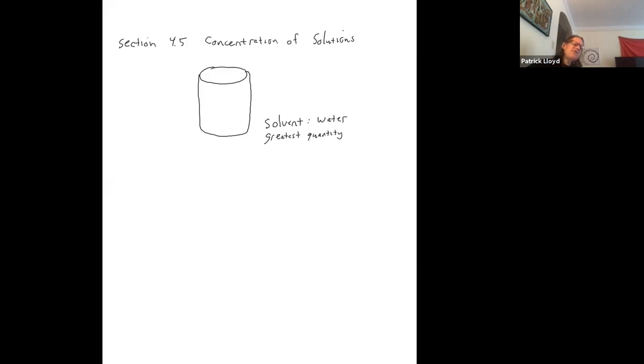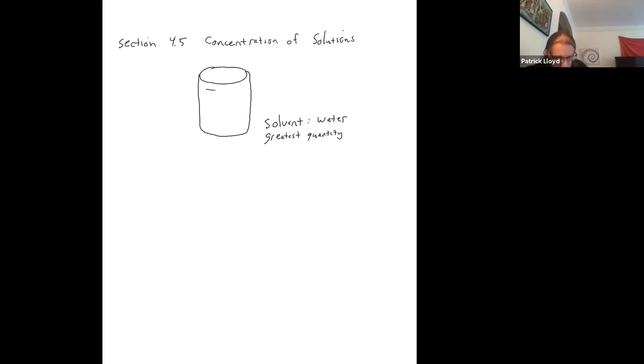If you try to pour more sugar into water than you have water, it is not going to work very well, right? So usually you have this liquid and there's a lot of it, and then you pour a little bit of something else into it. The substance you're pouring it into is called the solvent.